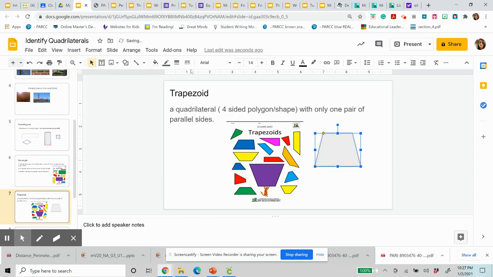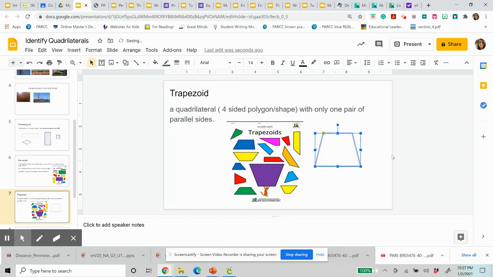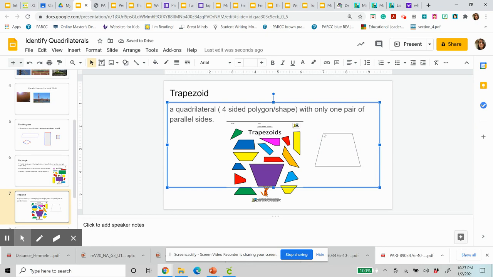And I like to call it the triangle with the cutoff top. Because if it went up. We have our blocks at school and our pattern blocks. This is the trapezoid.